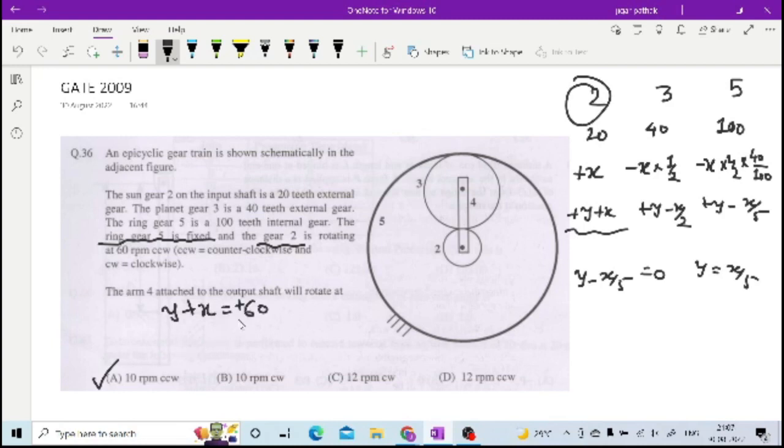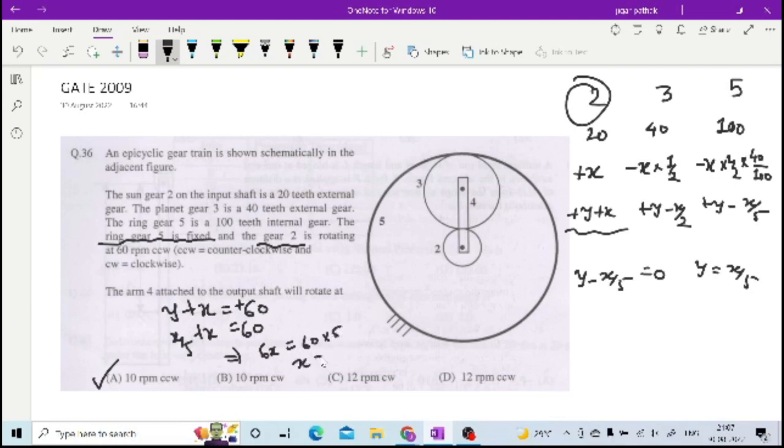Now y is equal to x by 5. So if you put x by 5 plus x is equal to 60, and if you solve this, then it will be 6x is equal to 60 into 5, correct?